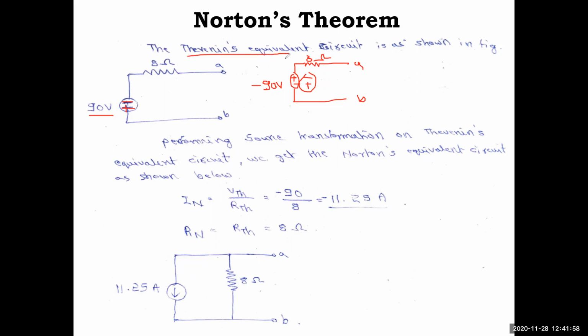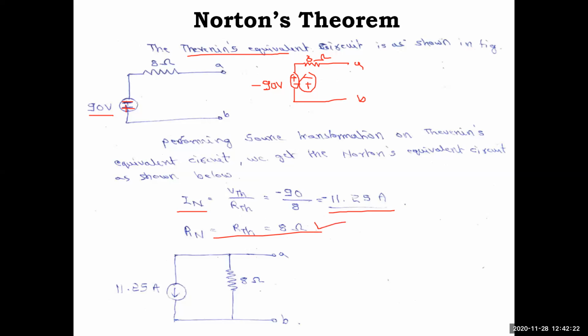Now to do the Norton's equivalent circuit, no need to go back again. Just do the source transformation on the Thevenin equivalent circuit. So you'll get the IN and RN. IN is VTH by RTH by formula. So minus 90 by 8, you got 11.25 amps. You have even got the short circuit current, which is equivalent to IN. And RTH is equivalent to RN, from the derivation we know.